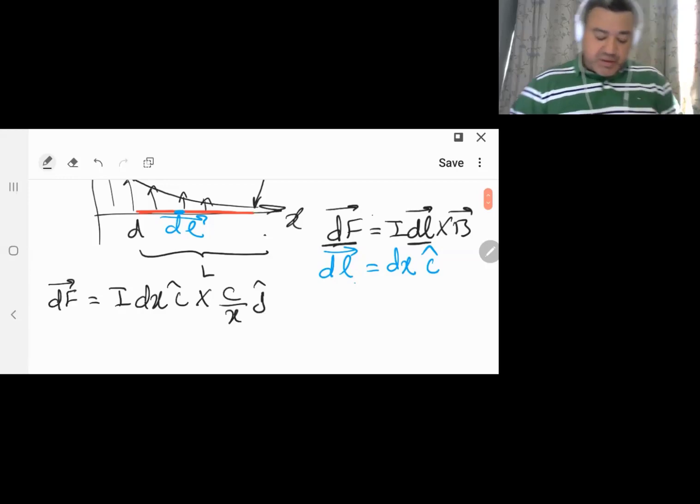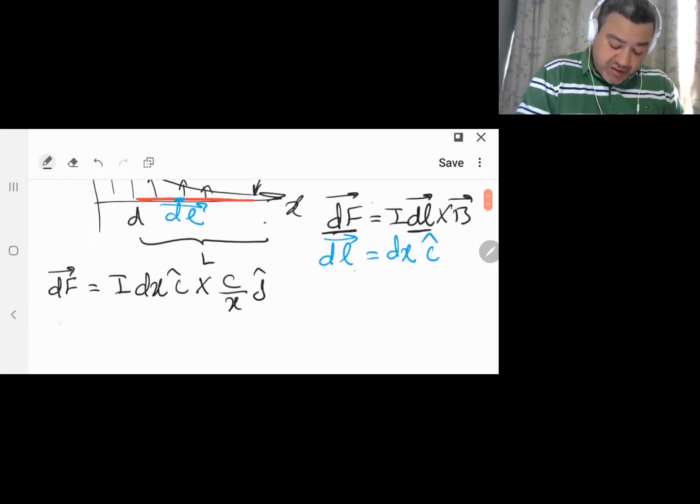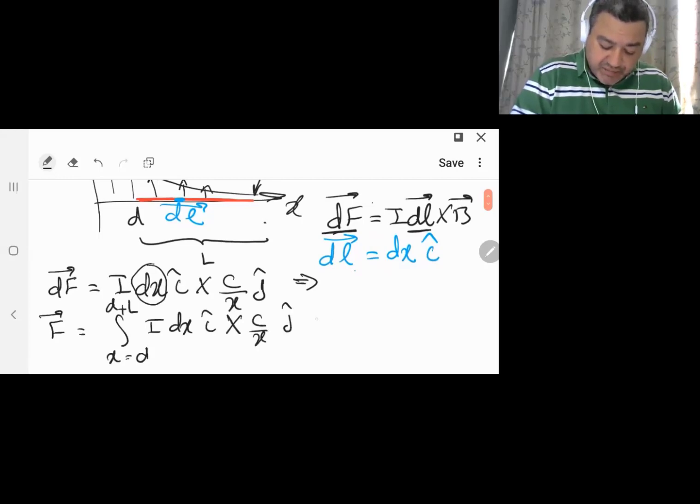So this is my differential equation that I need now to integrate. F is within the limit where x, my variable, goes from d to d plus L. So I have I dx i hat cross C over x j hat.